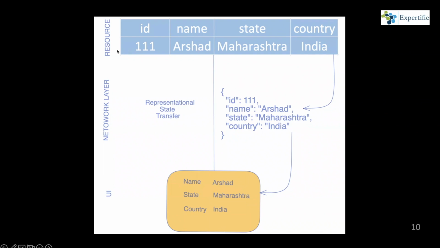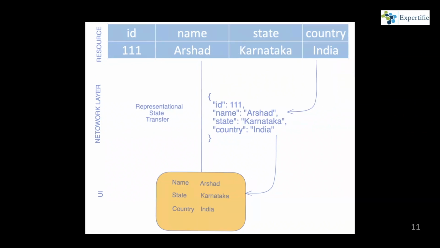But as you can see, at the DB layer the resource is in raw format, at the network layer it is in JSON format, and in the UI it is displayed in some other format. It is ultimately the same resource with ID 111, but the way we display the information is different.